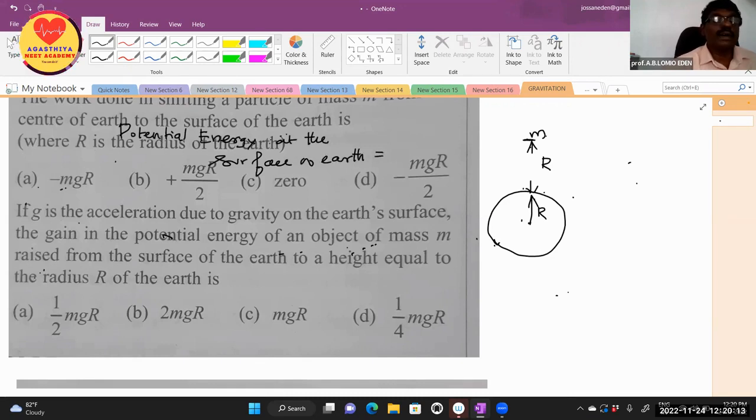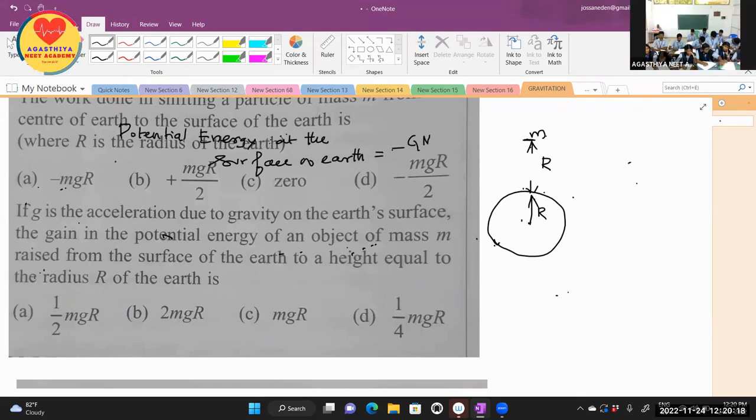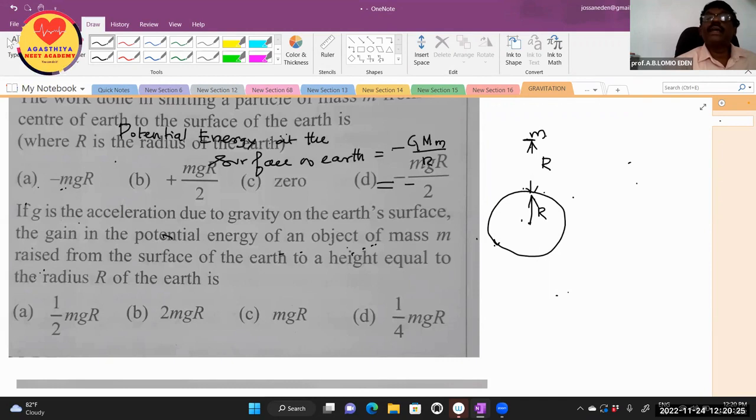Potential energy at the surface of the earth can be expressed in terms of g as minus mgR.